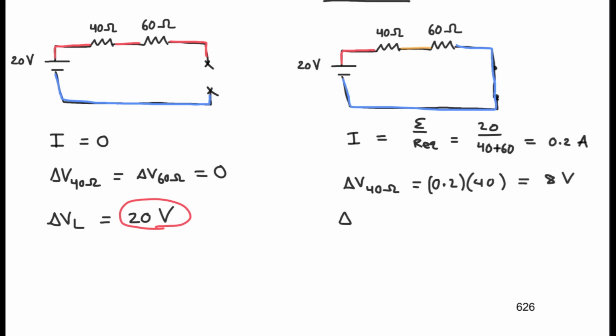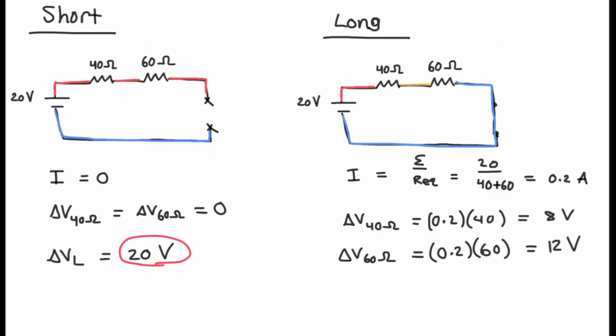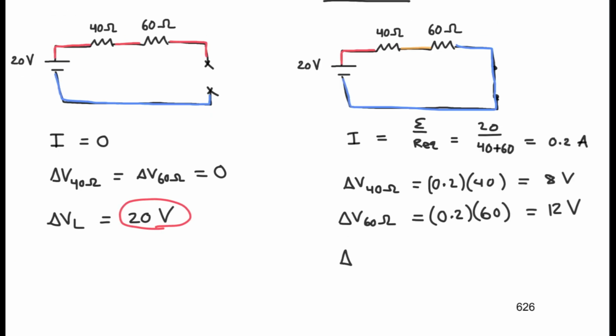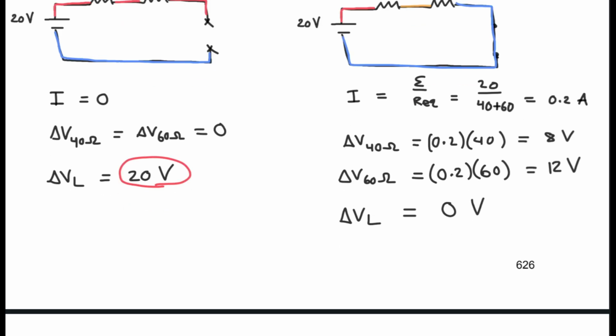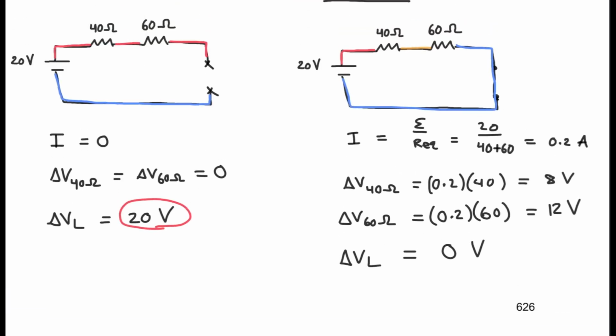And then delta V across the 60 ohm would be the same calculation, except with 60 ohms. And then since the inductor is a short circuit, there's zero EMF induced across it. And we'll calculate the other relevant quantities next.